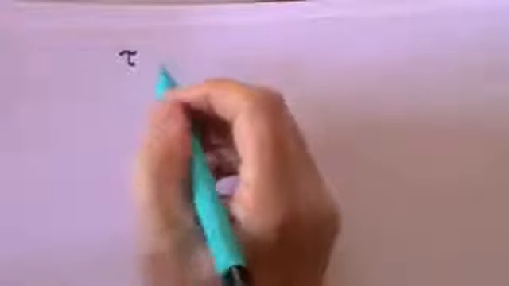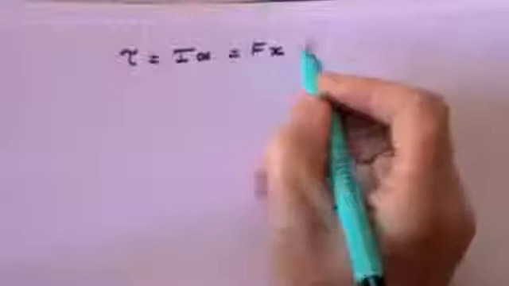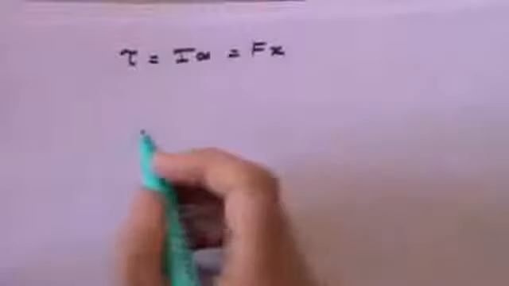You'll recall that we said that the torque, tau, is equal to the moment of inertia times the angular acceleration, but the torque is also the force applied times the distance from the point at which the force is applied and the pivot point, provided the force is applied perpendicular to the rod.